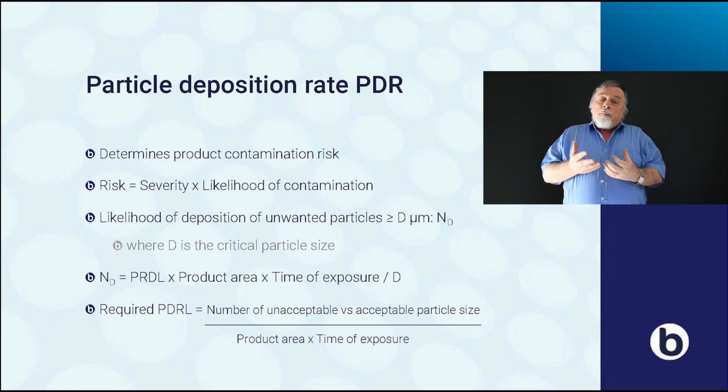So the number of particles larger than D is in fact the particle deposition rate level times the product area times the time of exposure during operation divided by the particle size, by the critical particle size D. You can also turn it the other way around and set requirements for the particle deposition rate level.